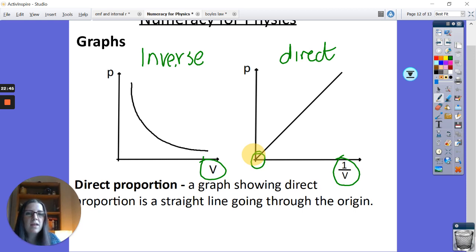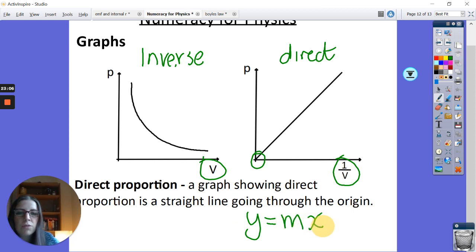Direct proportion is when the ratio of the two quantities stays constant. Or another way of describing it is to say that a percentage increase in one causes the same percentage increase in the other. It needs to go through the origin to do this. If you know from your maths as well, the general equation of a straight line going through the origin is y equals mx.